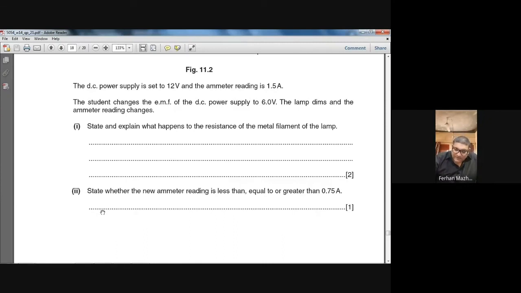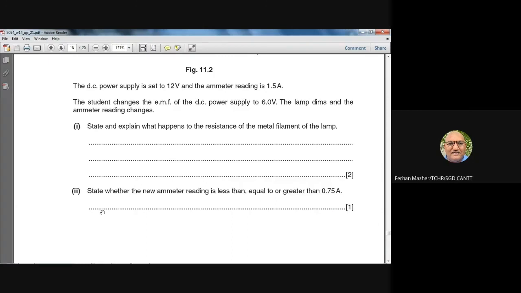If the voltage is reduced to 1/2 of the previous value, the same thing should happen with the current according to Ohm's law. But the important thing is that the filament lamp is not an ohmic conductor. That could have happened only if the lamp was an ohmic conductor, if its resistance had remained constant.